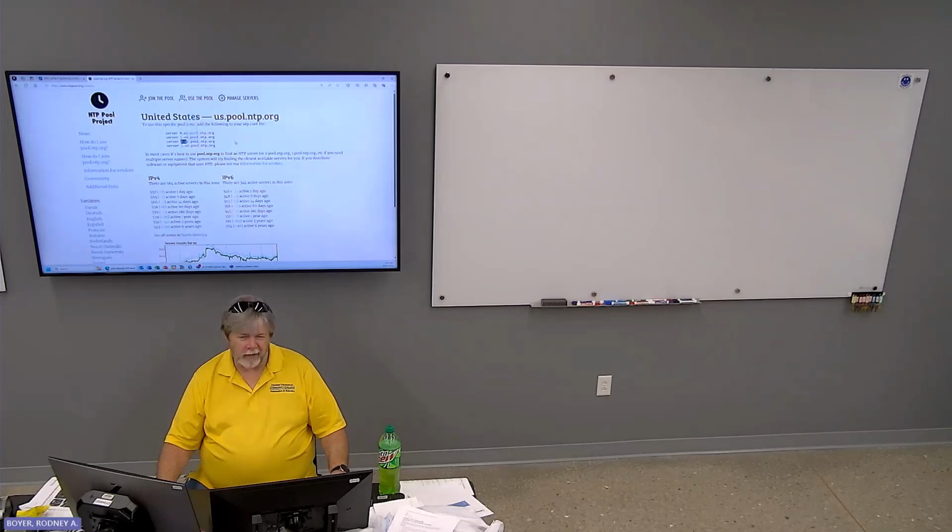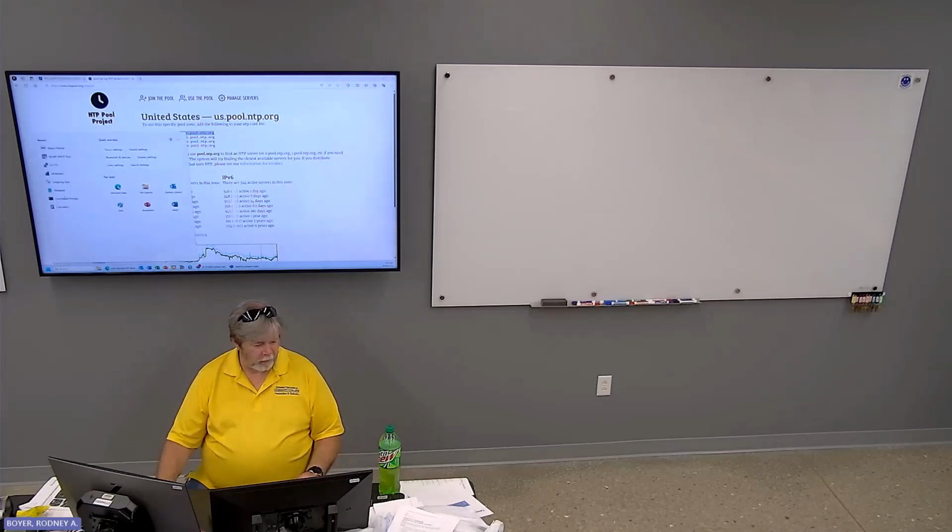For some reason they say 2 is the preferred pool, but there's only 4 addresses, while there are 900 and some odd NTP servers in the US. So the way that works goes into a round robin type thing.